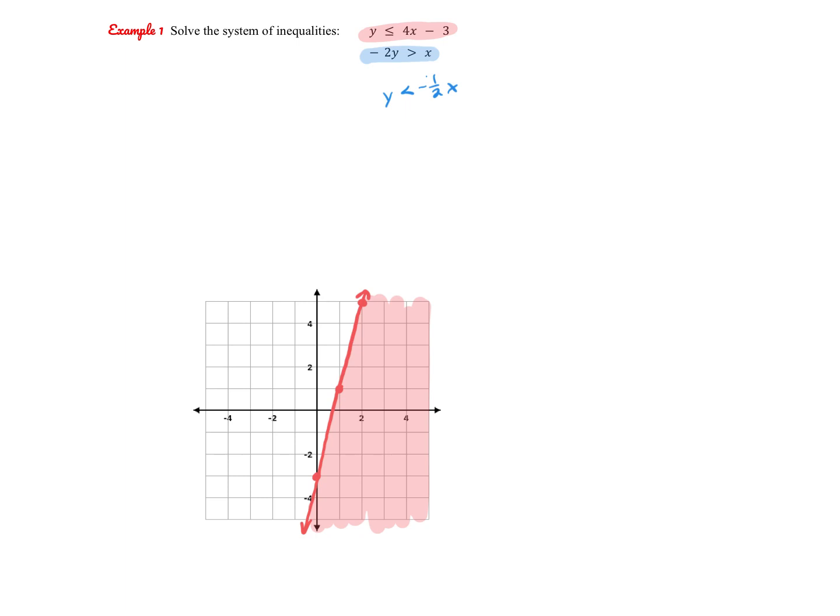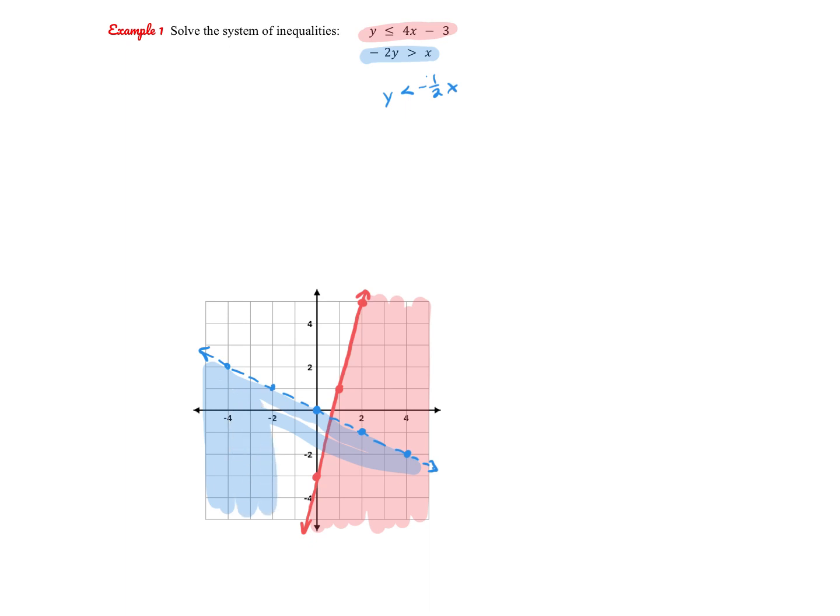Our y-intercept is the origin and our slope is -1/2. So for this one, since there's no or equal to, we're going to use a dashed line. So it's a non-inclusive boundary, and again, it's y is less than, so we're going to shade everything below.